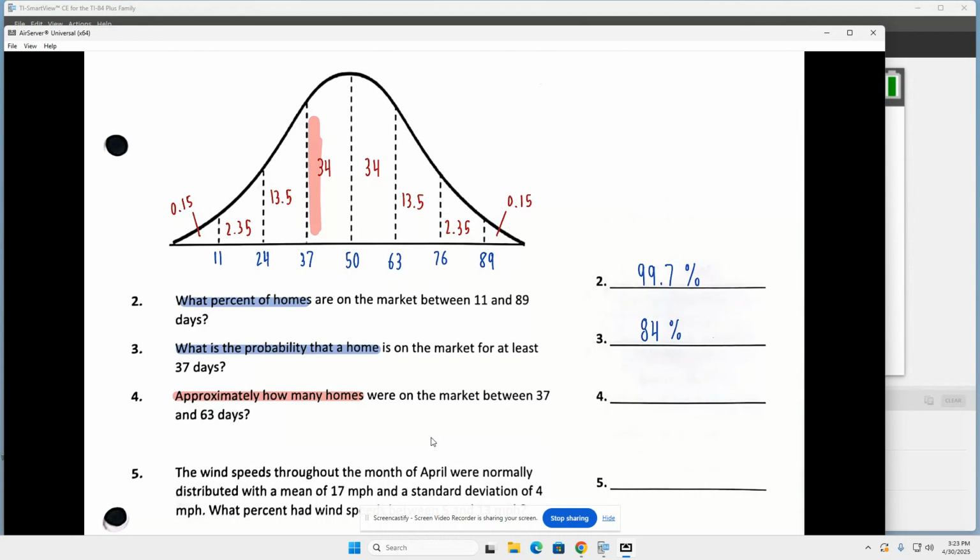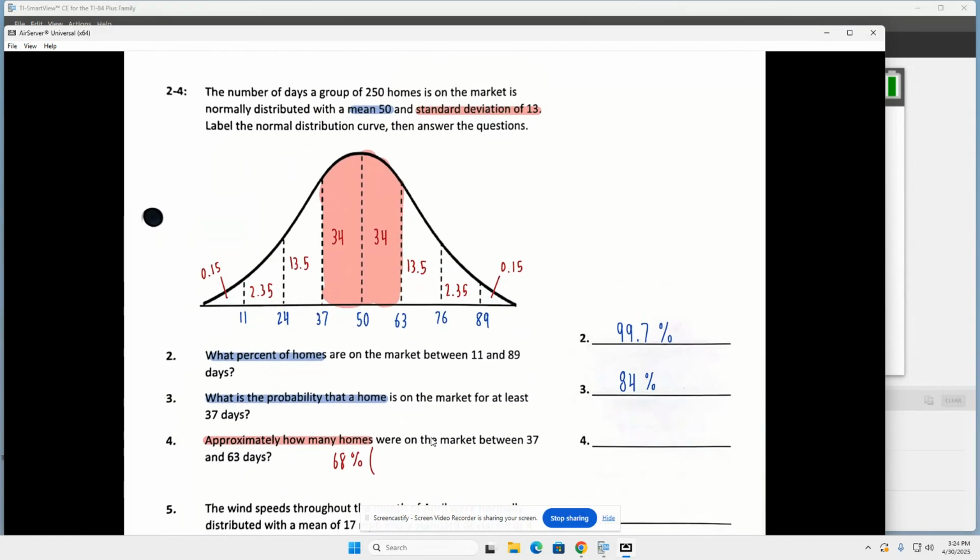So 37 is here, and 63 is here. That's 1 standard deviation. 34 plus 34 is 68%. Well, if I go put 68% over here, wrong. Okay, it's wrong. So please pay attention. It's that 68% of all homes.